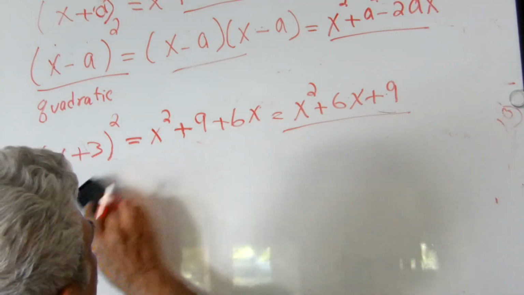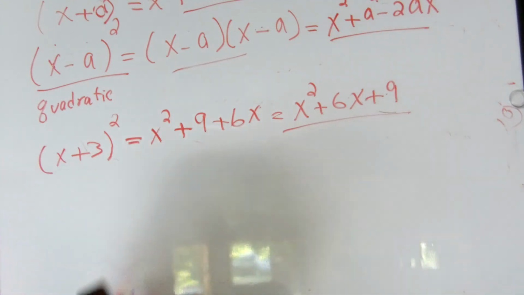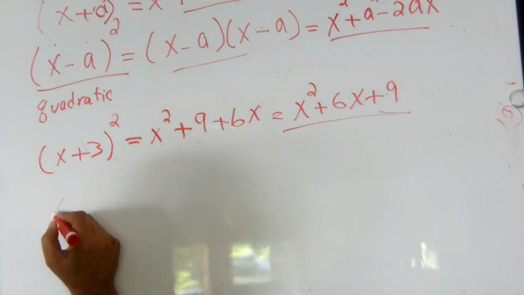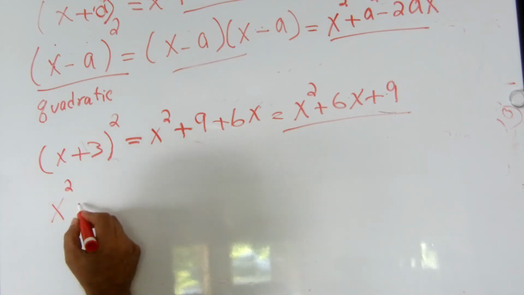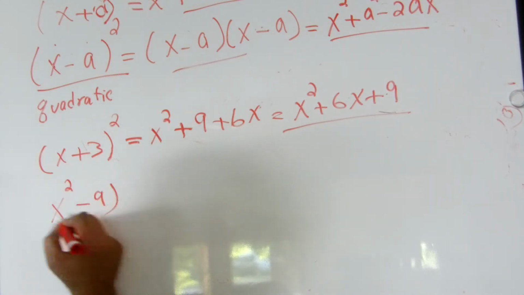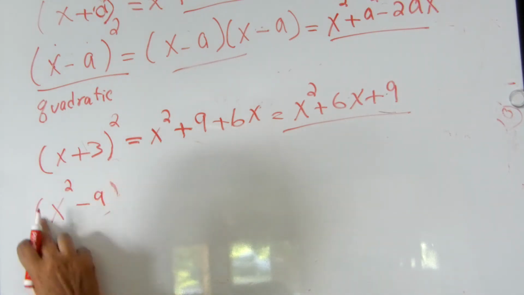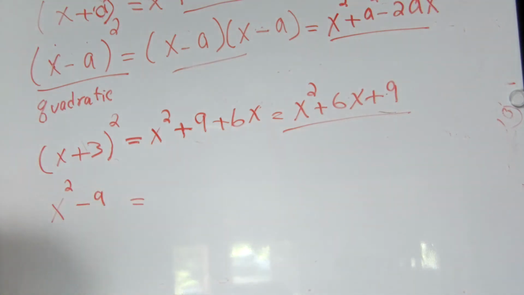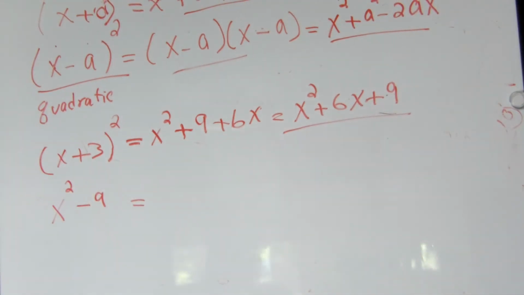So let's talk about another thing. If we have x squared minus 9, how do we write it in a factored form?